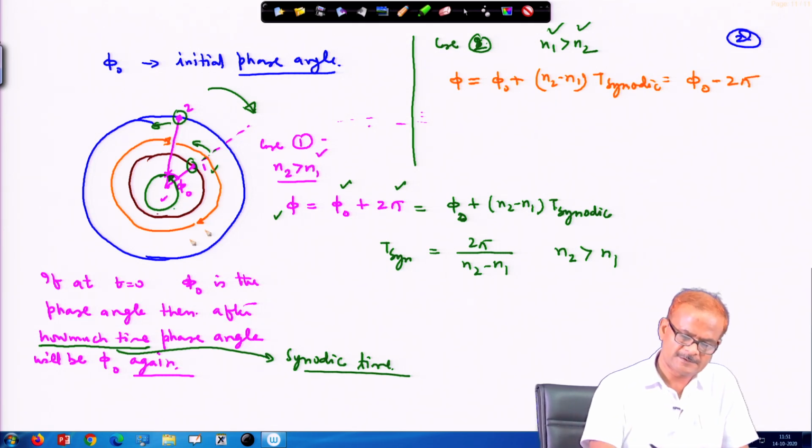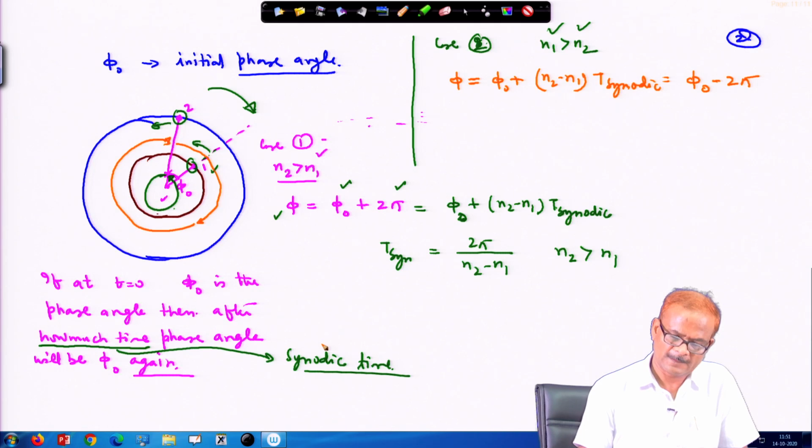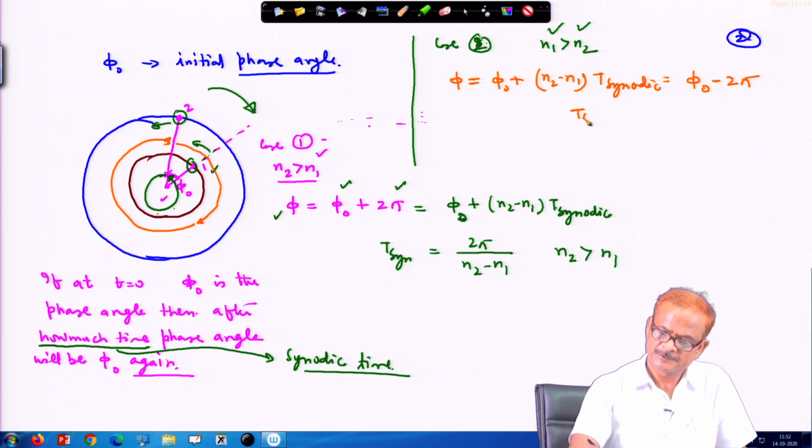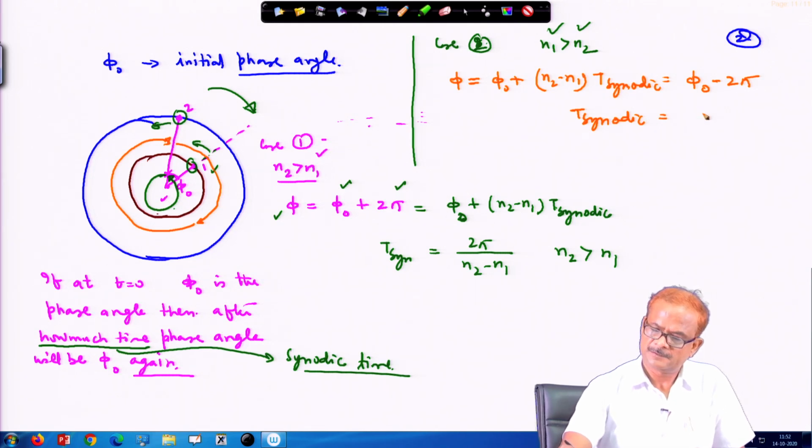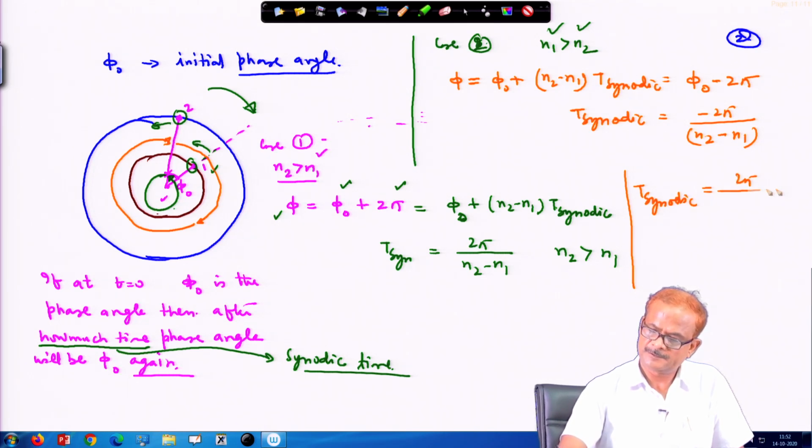This is in the opposite direction, this 2 pi. So, it comes to the same phase again with respect to 1. Okay, and once we solve this, the T synodic will be minus 2 pi divided by n 2 minus n 1. So, both can be combined together and the T synodic can be written as 2 pi divided by the magnitude of n 2 minus n 1.